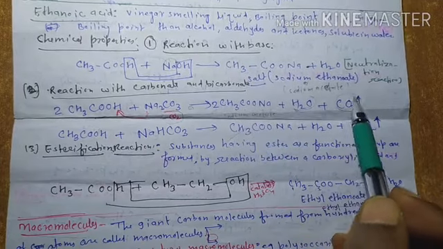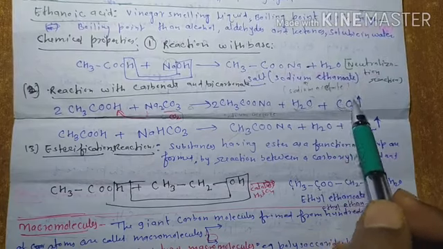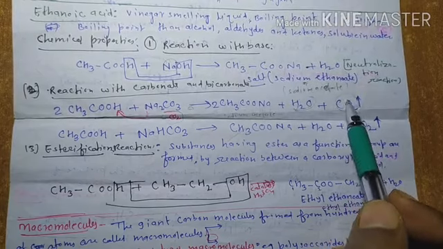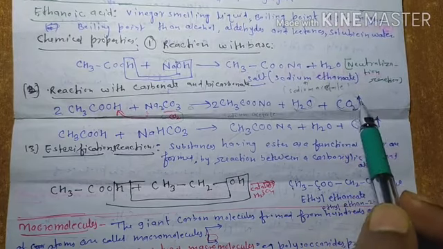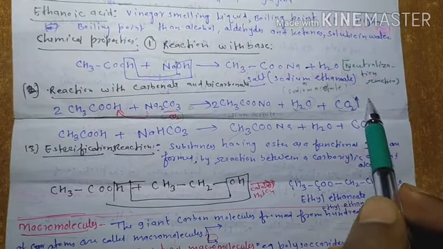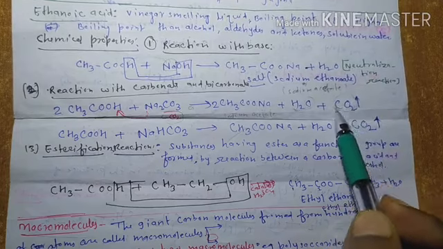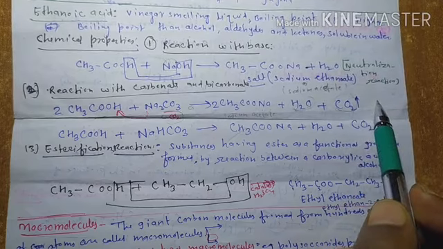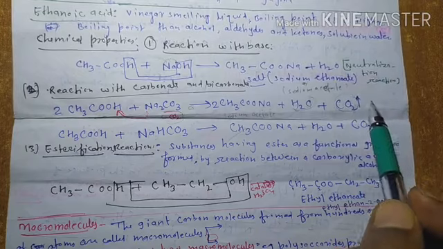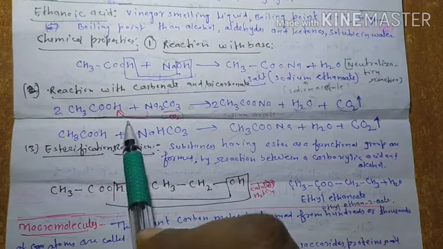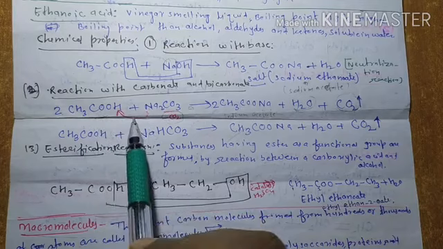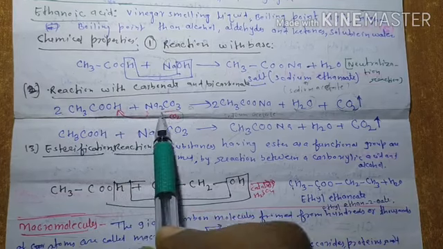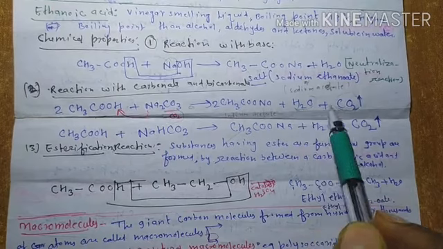And if you pass this carbon dioxide to lime water, then the lime water turns milky. It means that after the reaction between acetic acid and sodium carbonate, carbon dioxide is forming.